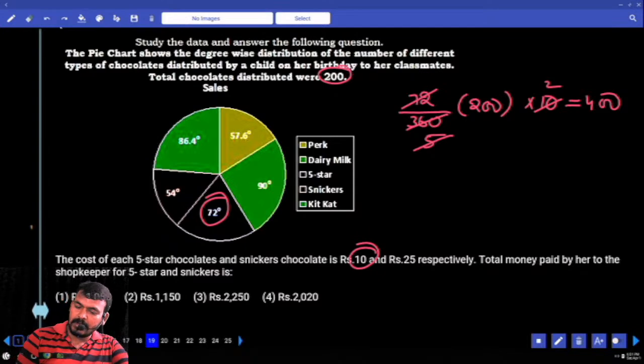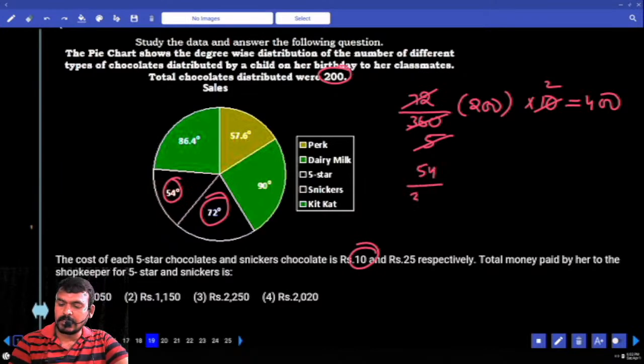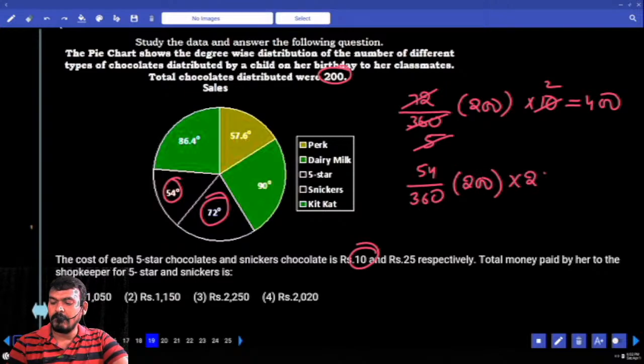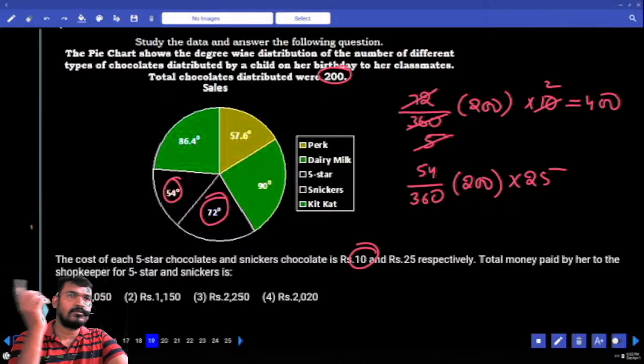Next, again we required Snickers. What is the Snickers number of degrees? 54. 54 out of 360, multiplied by 200. But every chocolate is how many rupees? 25. 360 degrees is 200 chocolates, but we required 54 degrees value.